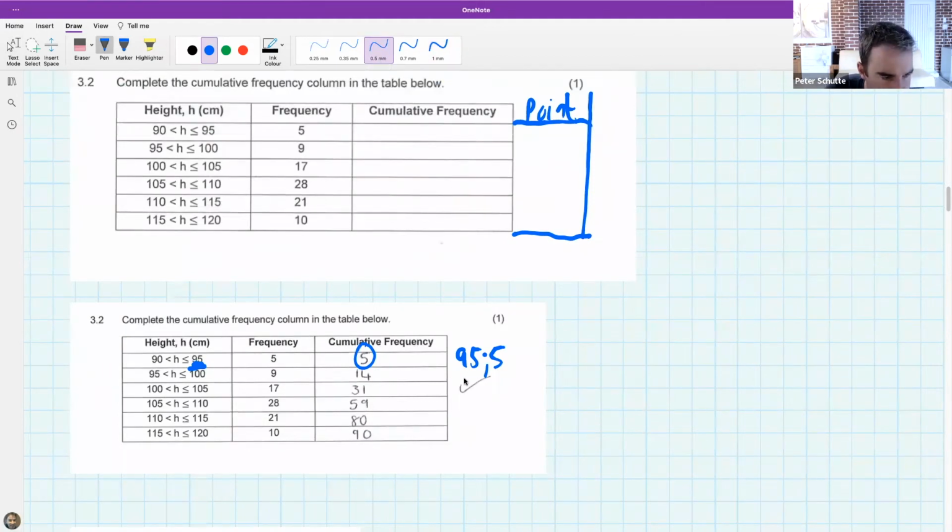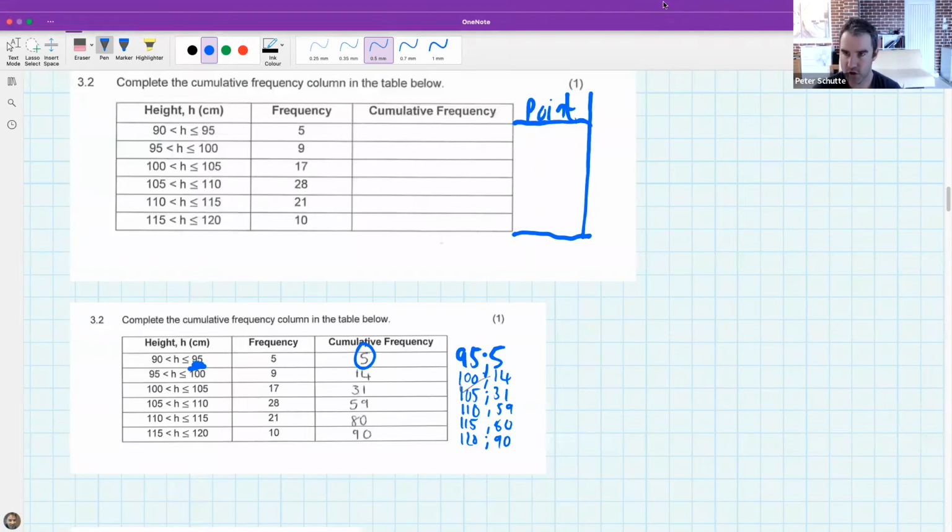So then I'd get 100, and then I would get 14. I'd get 105 and 31, 110, 59, 115, 80, then 120, 90.